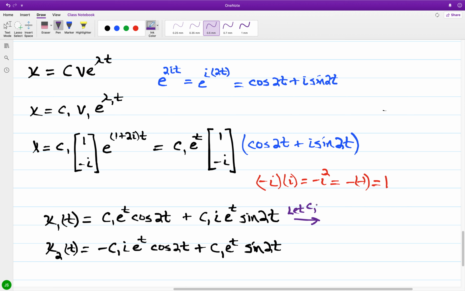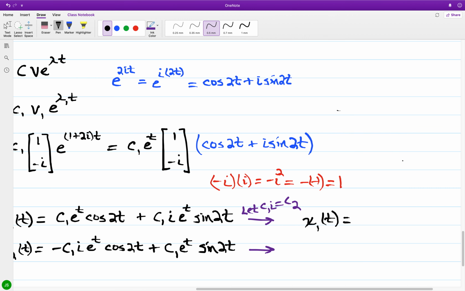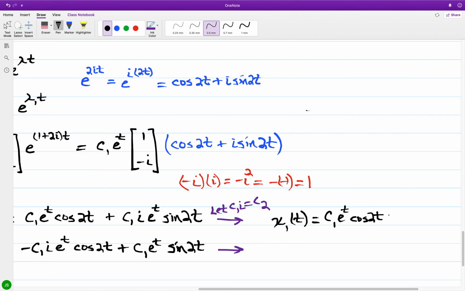If I let c1i be equal to c2 in both of these equations, now in the rewrite, for the general solution, you have x of 1 of t equals c1 e to the t cosine of 2t plus c2 e to the t sine of 2t.